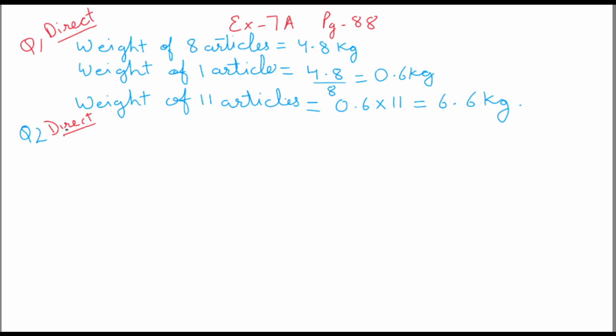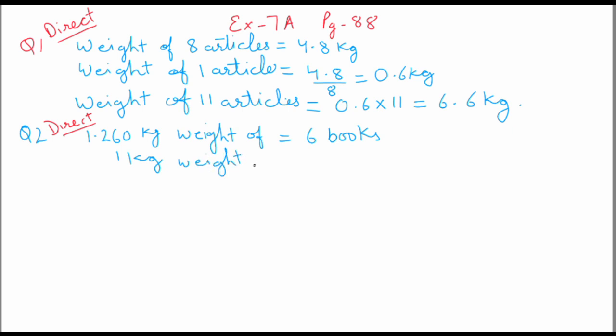We will write 1.260 kg is the weight of 6 books. We have to convert it into the unit.